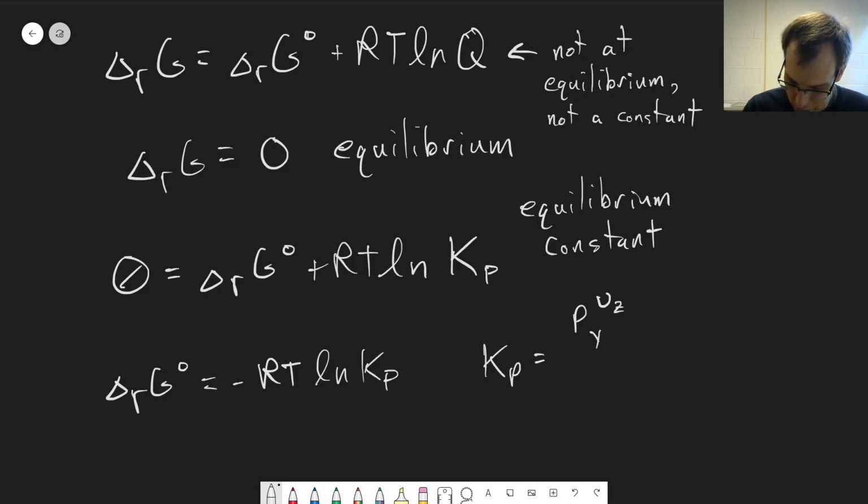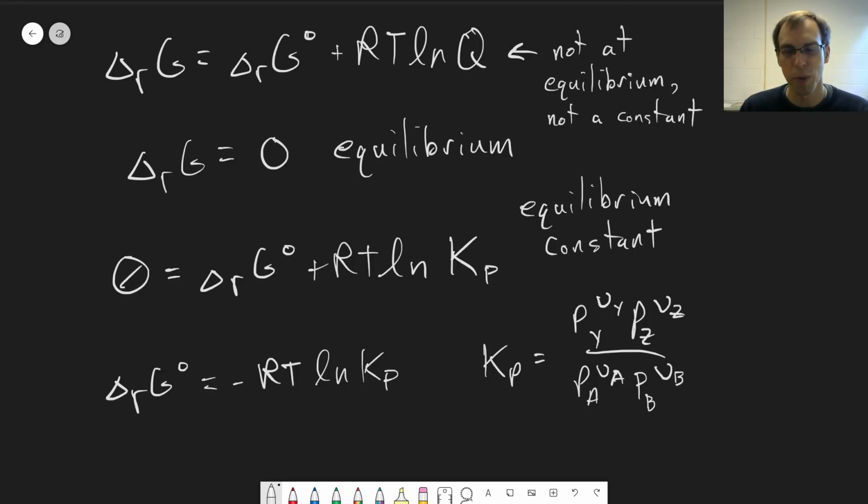Py to the nu Y, Pz to the nu Z, Pa to the nu A, Pb to the nu B. Now, one thing I've done, and what's often done when we write out equilibrium constants, is we've left off the P naughts, right? And that's because P naught is equal to 1 bar, and so as long as we express our partial pressures in bar, they all cancel out, and the equilibrium constant has no units.